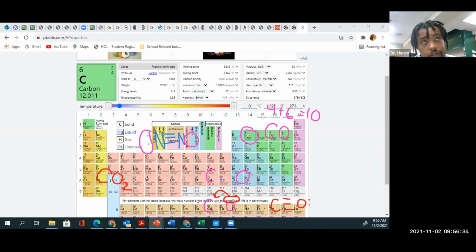Another quick way, when they're in the same period, like carbon and oxygen in CO2, is that the one furthest away from the noble gas has the weaker electronegativity.